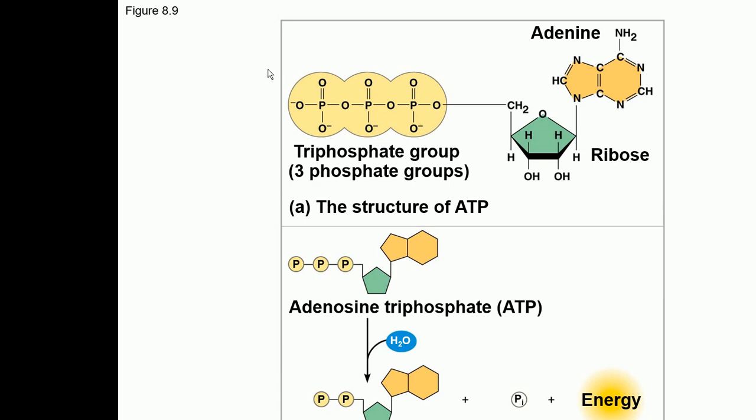The bond between these 2 phosphates will be broken, and the energy is released because the energy is in that bond. So ATP, adenosine triphosphate, gets converted into adenosine diphosphate. One inorganic phosphate will be released, plus energy will be released. So this is the way ATP acts as an energy currency in our cells.